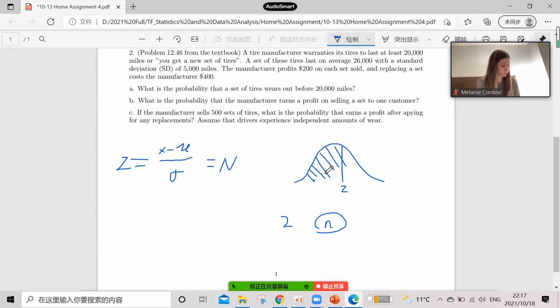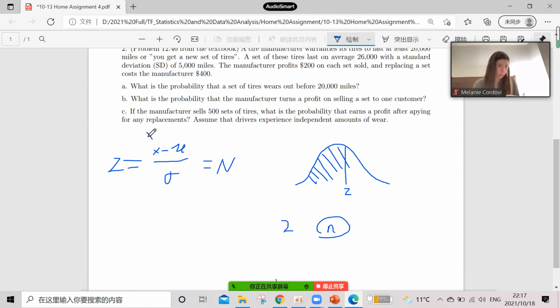So for example, take part A of the second question. I guess it asks you to find the probability that the tire fails before 20,000 miles, right? So I'm going to find the probability of x less than 20,000.